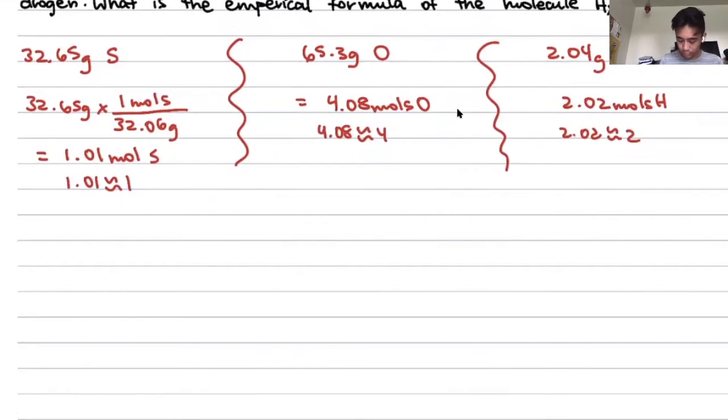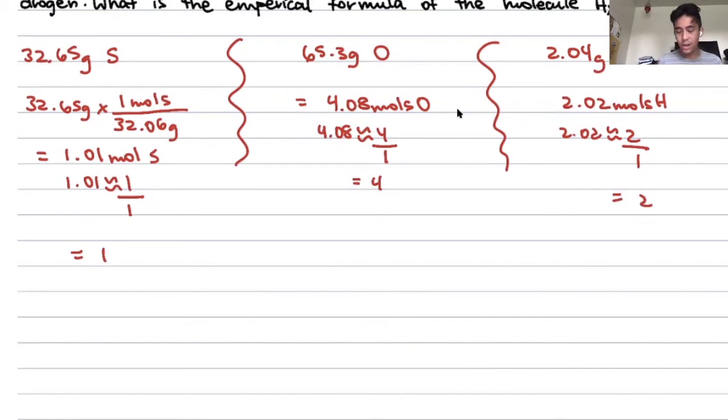So cool, now we have our whole number ratios. And all we have to do now is find the lowest number. In this case, it's 1. And we have to divide each one of our mole values by that number. So 1 divided by 1, 4 divided by 1, 2 divided by 1. So in the end, I just get 1, exactly the same thing actually, 4 and 2.